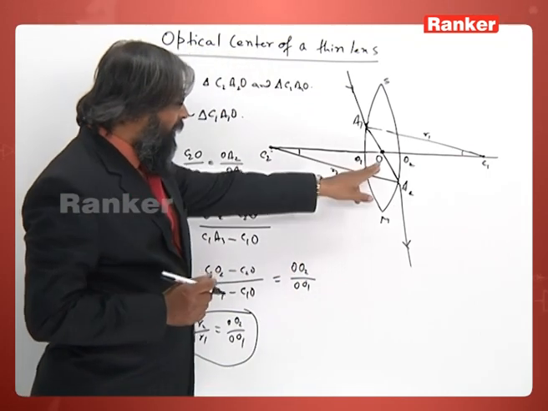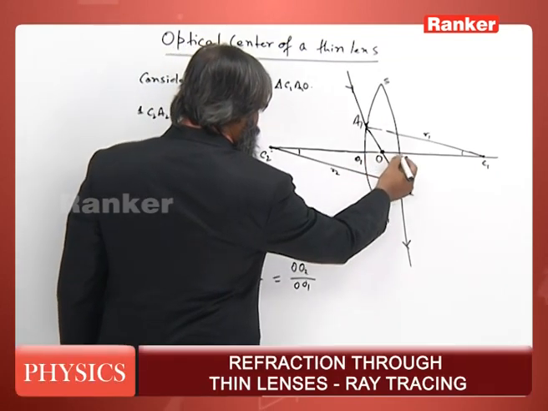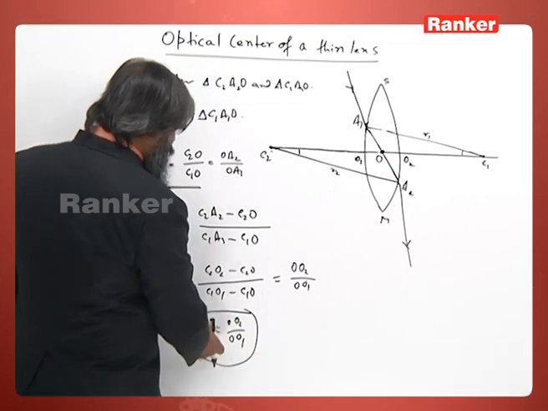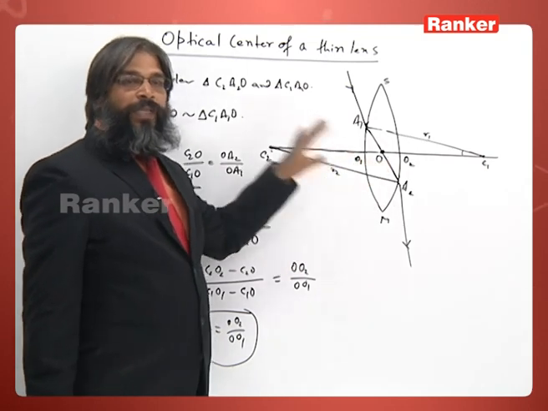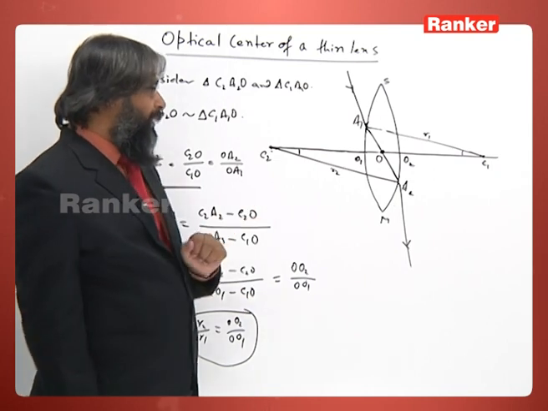So the optical center is a point O where this ratio is given by R2 by R1. This is the geometrical location of the optical center.